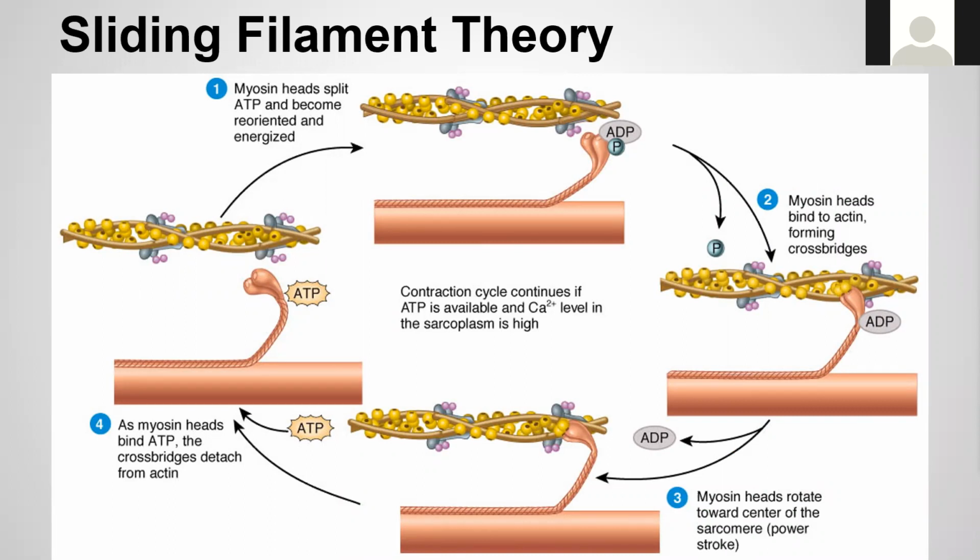In short, when you contract a muscle, all that happens is your actin and your myosin attach. When those two attach, you have a muscle contraction. So right here is your actin, right here is your myosin.